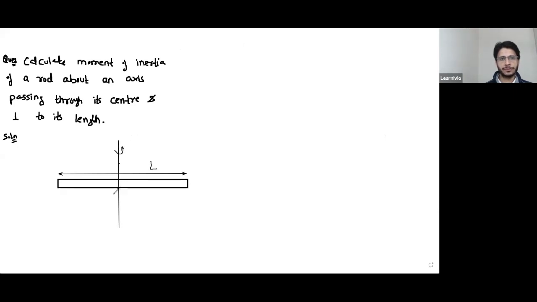This is the origin. I call this the origin. So this axis divides this rod into two equal parts. The length of the left part is L by 2. The length of the right part is L by 2. If this is the origin, x equal to 0, then the coordinate of this point is x equal to plus L by 2. And the coordinate of this end is x equal to minus L by 2.